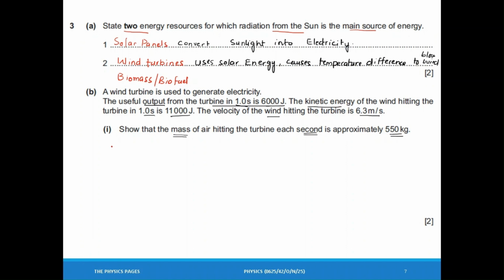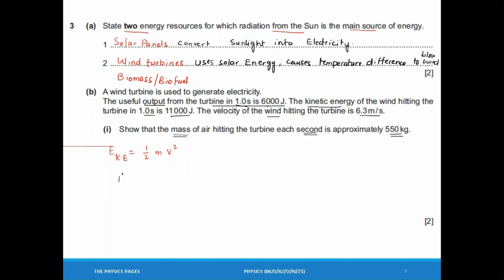We know that kinetic energy is equal to half times mass times velocity square. So from this I can just substitute the values.